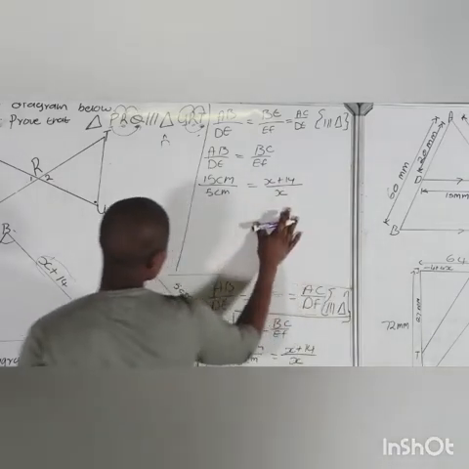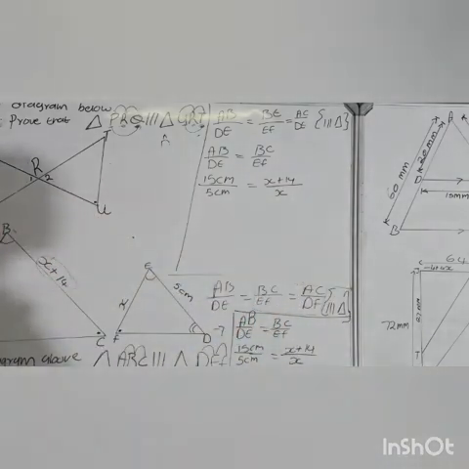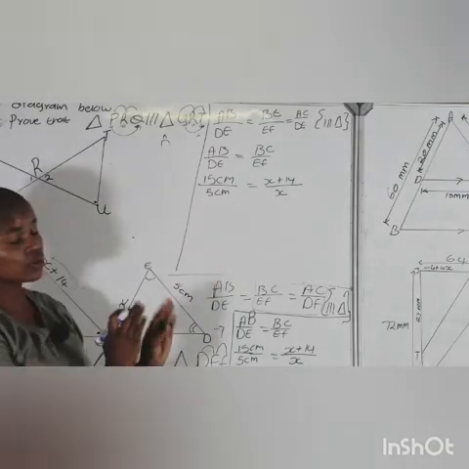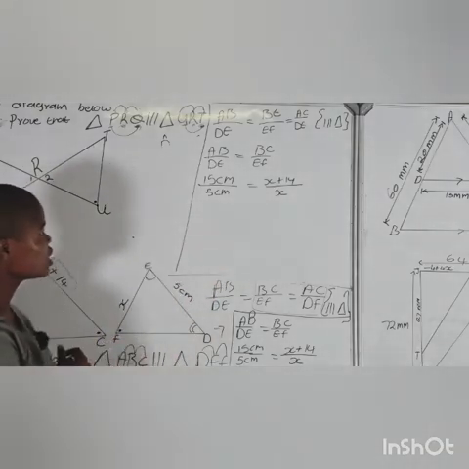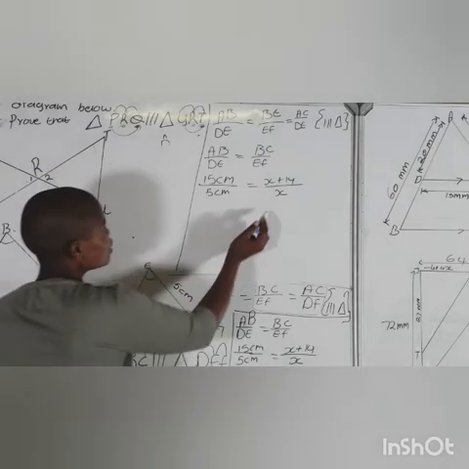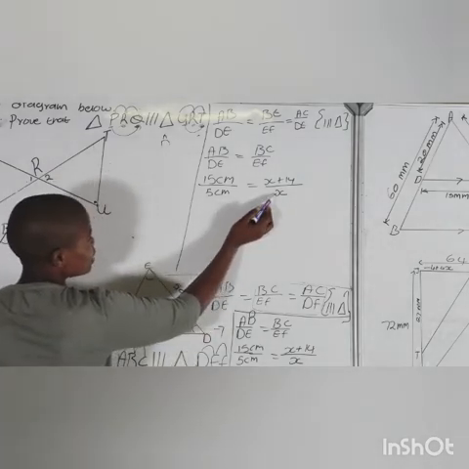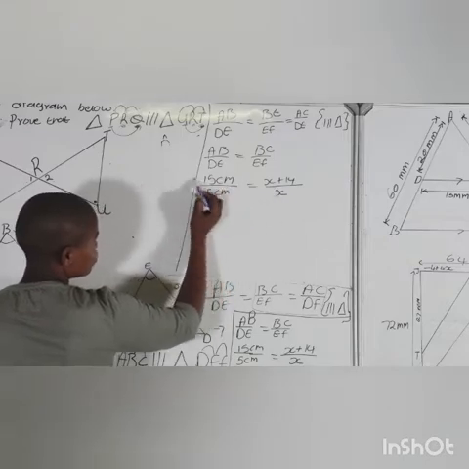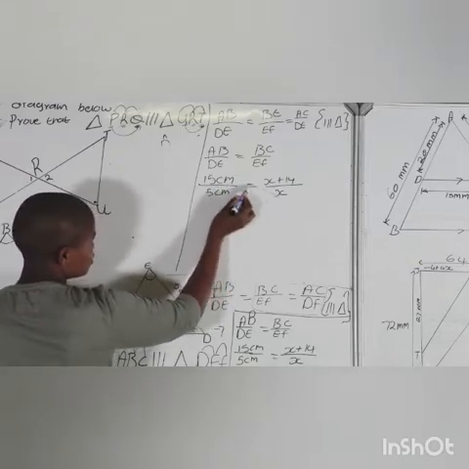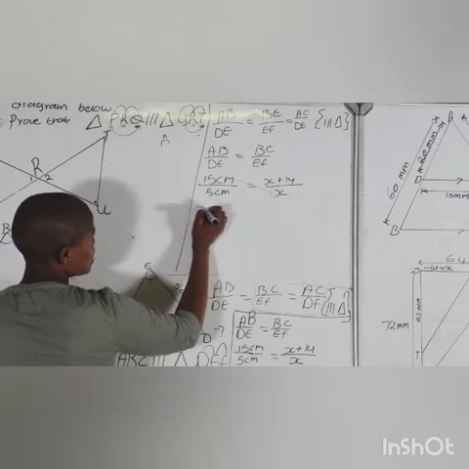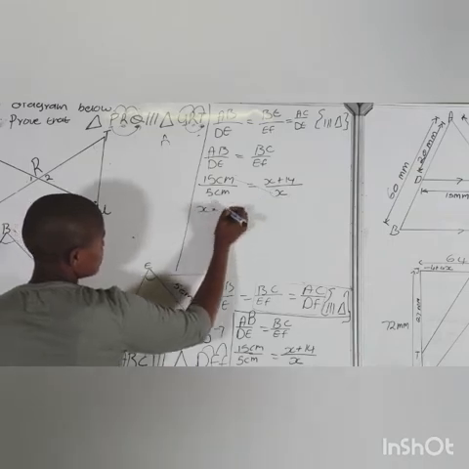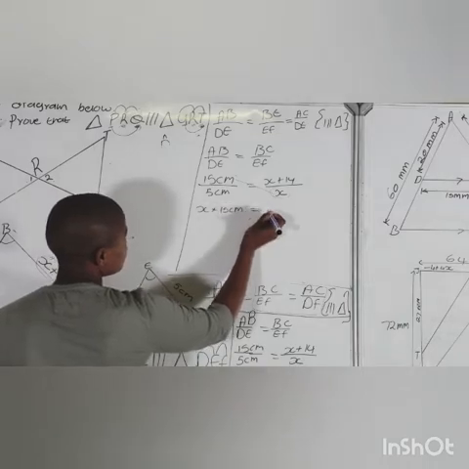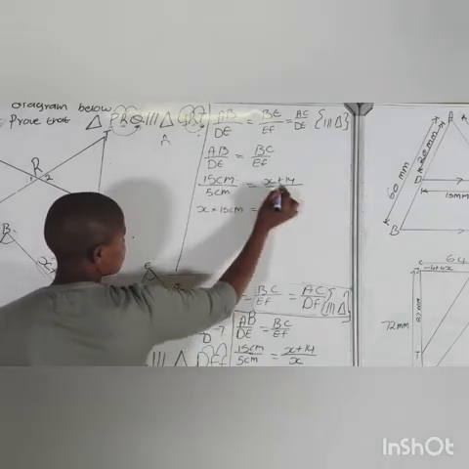So from here, we are going to do the simplest method, which will be cross multiplication. Cross multiplication, guys, it shouldn't make you confused. You just say this denominator multiply by the numerator. So basically, it's cross multiply. So I'm going to say X multiply by 15 centimeters, which will be equals to this one multiplied by that.